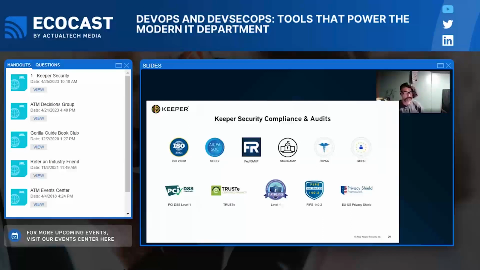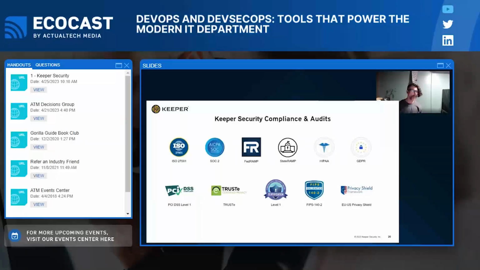We've been working hard at that. HIPAA compliant, GDPR compliant. That falls into a lot of spaces, if you ask me. PCI DSS Level 1, TRUSTe. We got FIPS 140-2 validations. We utilize FIPS 140-2 validated modules. EU-US Privacy Shield. We are compliant through and through.